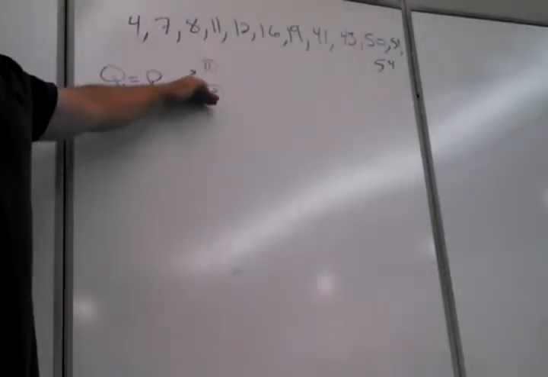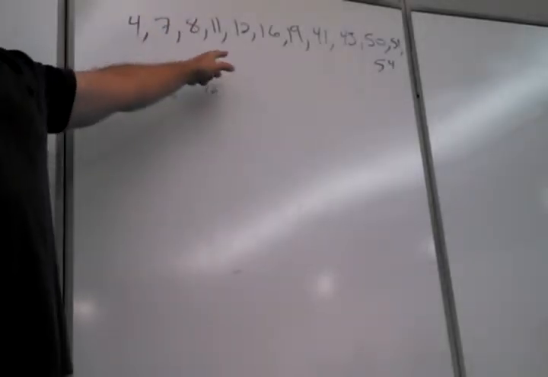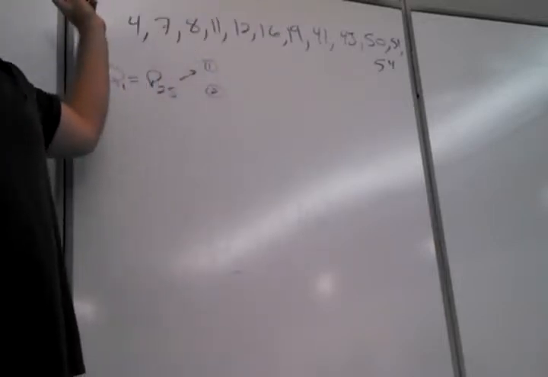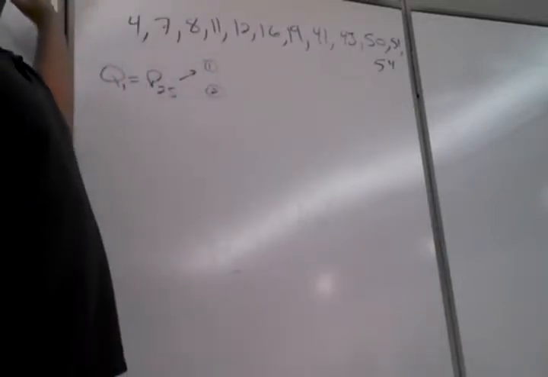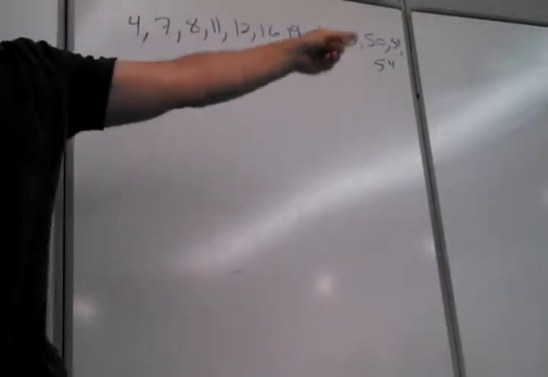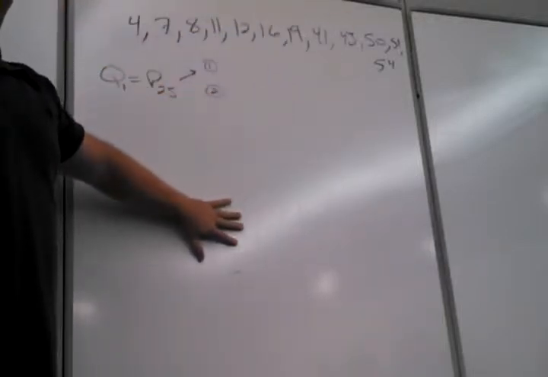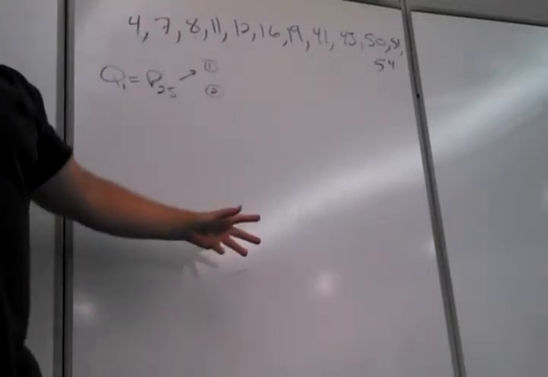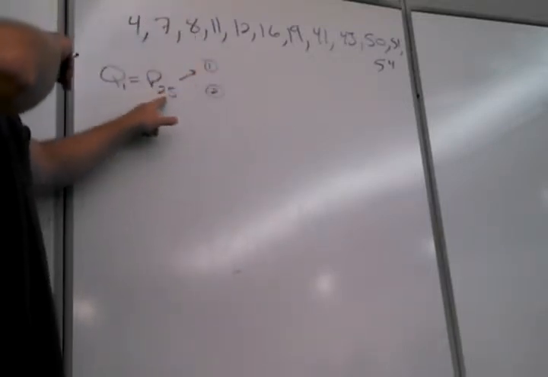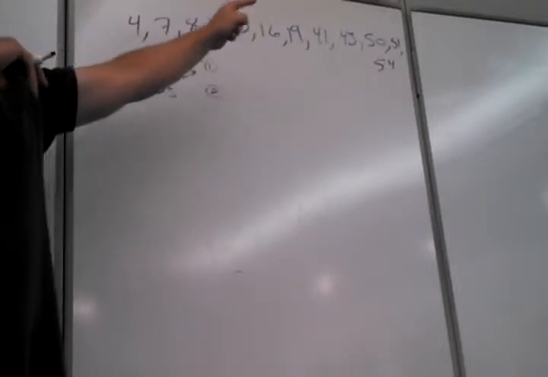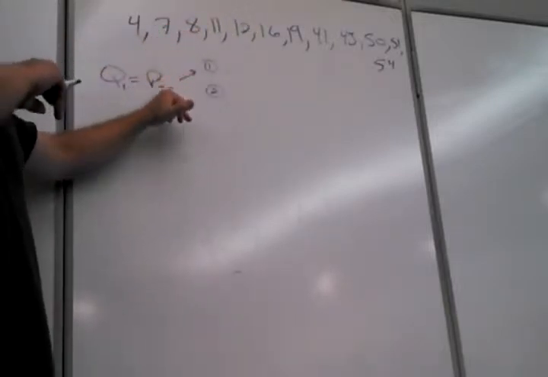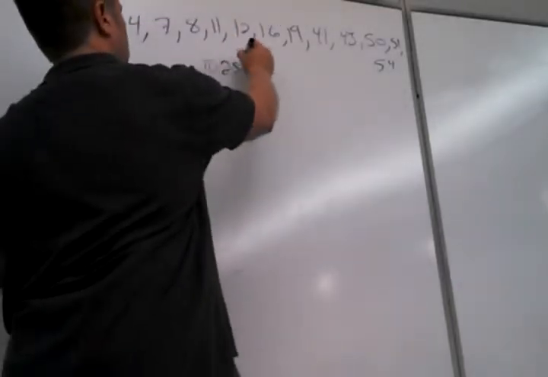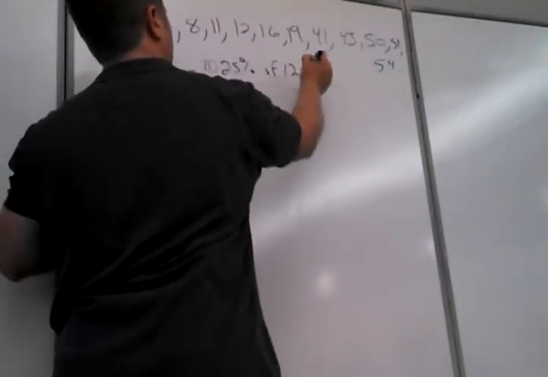Second step is go get the answer, right? So how deep in the list? The list, thankfully, I've given it to you in order. Otherwise, none of this makes any sense. If you can put whatever you want to, then these could be whatever you want them to be. So Q1, P25, how deep do I want to go into the list? 25%. And how big is the list? It's 12. So I want 25% of 12.